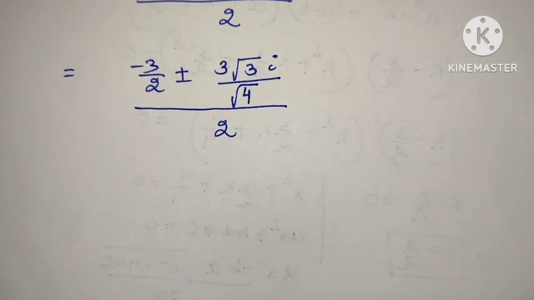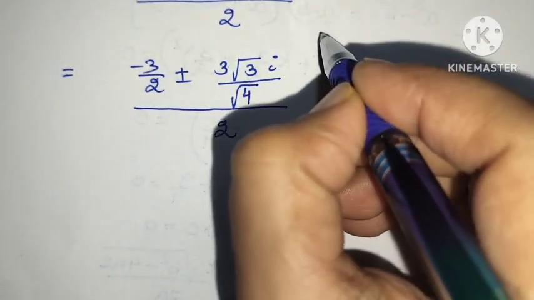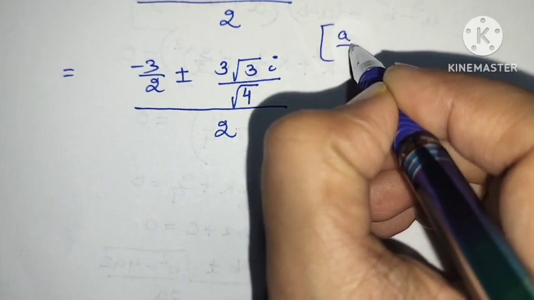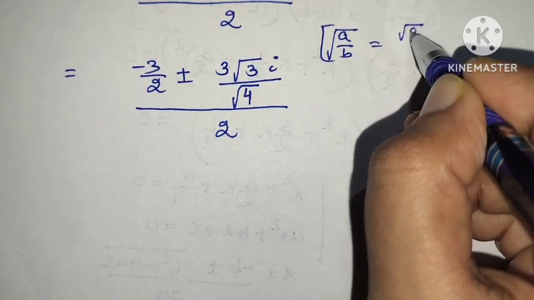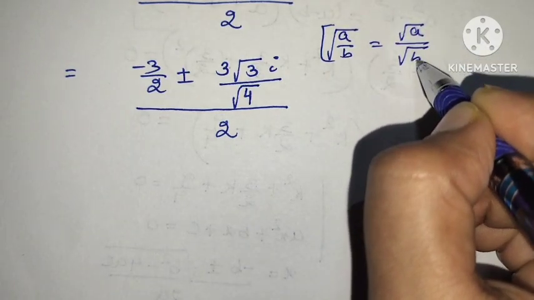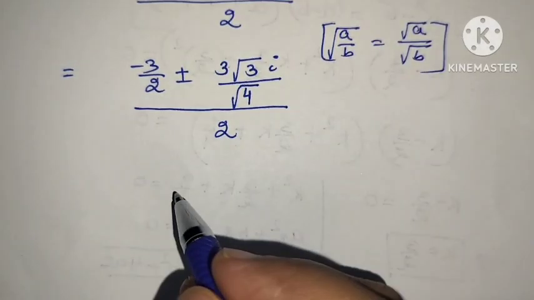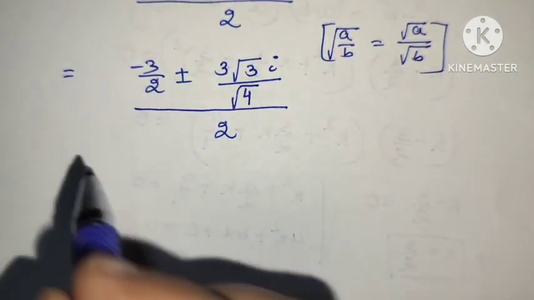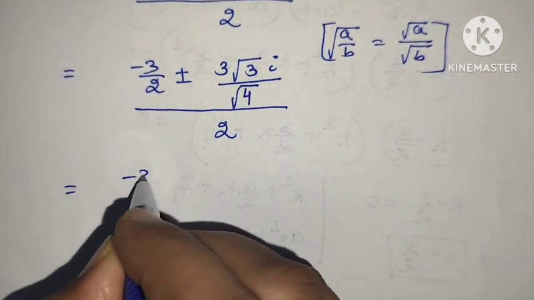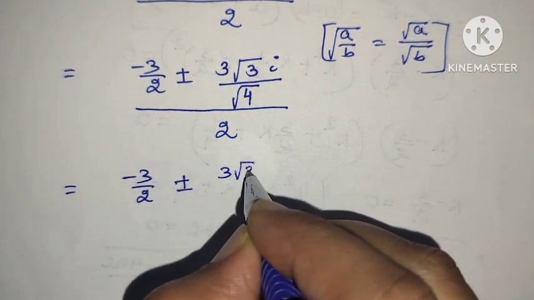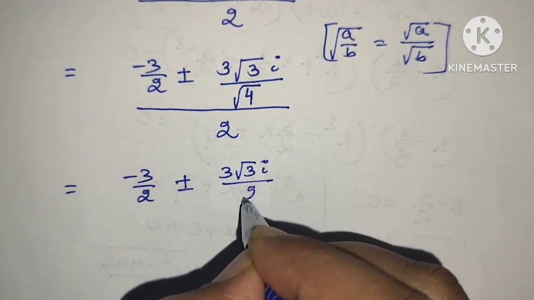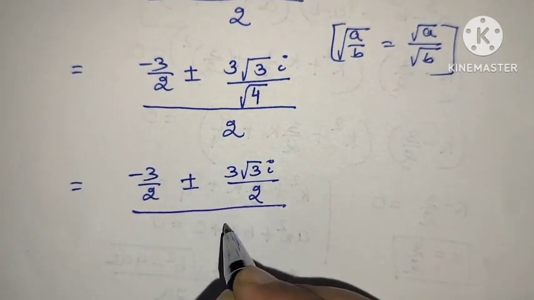Yes, because we know that root over of a by b is equal to root over of a divided by root over of b. Yes, we apply it here. This is equal to minus 3 by 2 plus minus 3 root 3 i divided by 2, whole divided by 2.